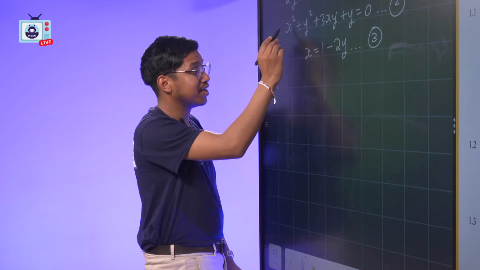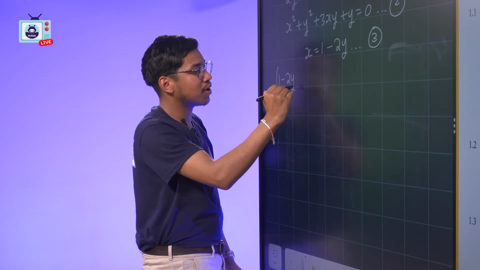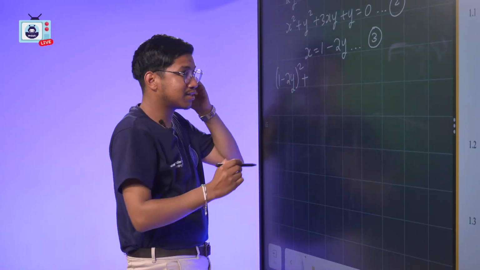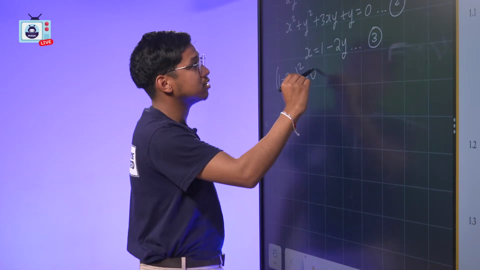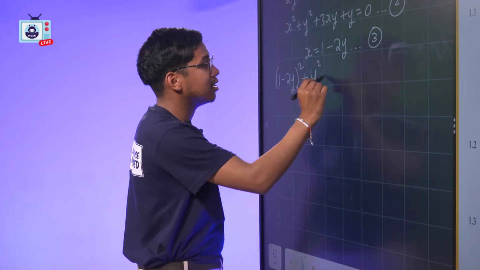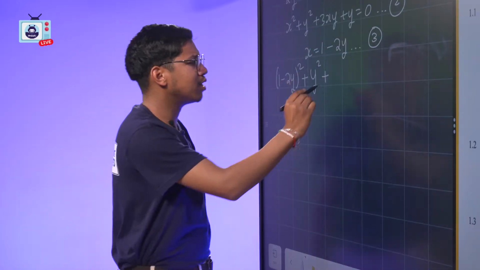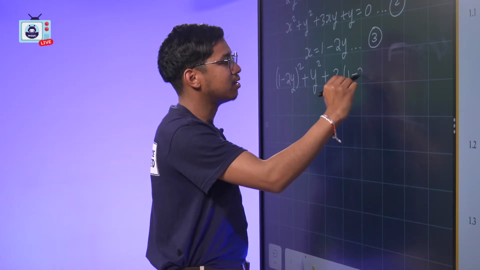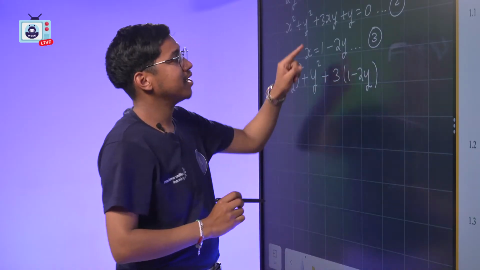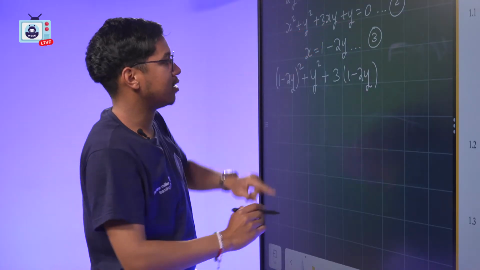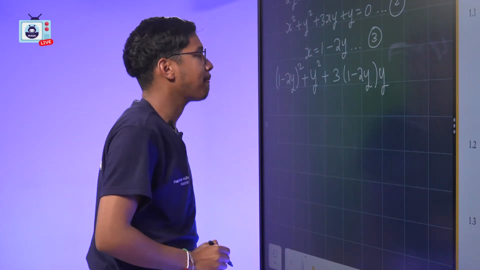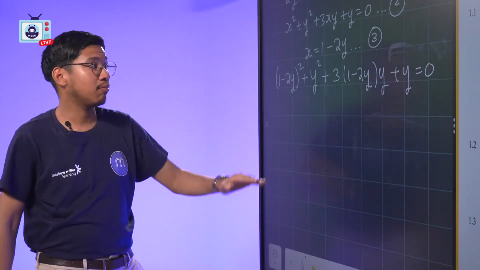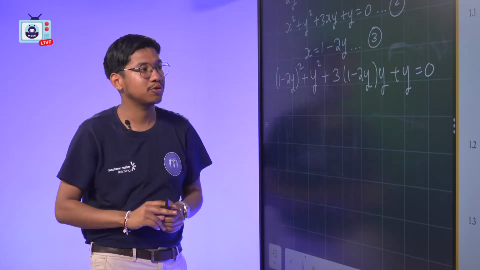All right, so in brackets obviously, (1 minus 2y) squared, plus y squared, which stays as is because I'm solving for y, plus 3 times x, and in place of x I will have (1 minus 2y), and that is being multiplied by y, plus y is equal to 0, okay? You will get a mark for correct substitution.